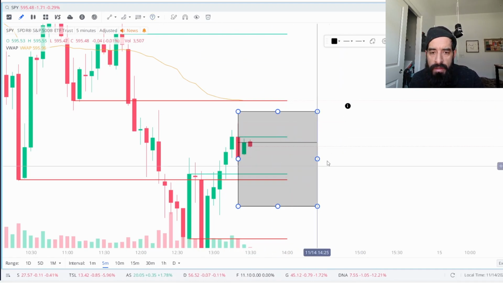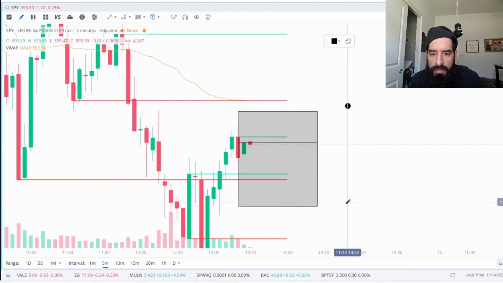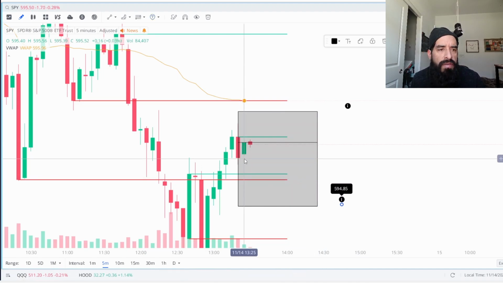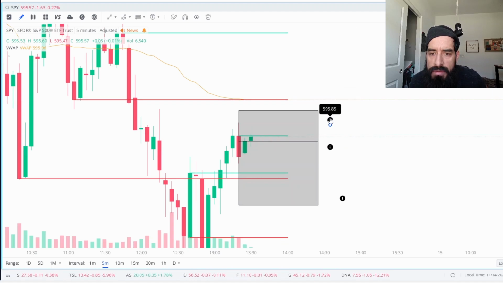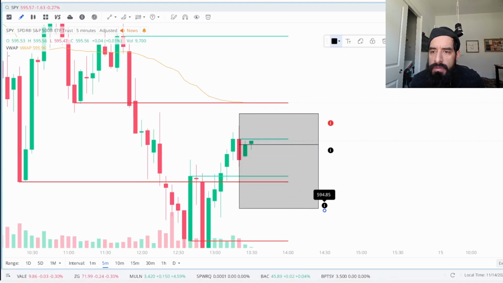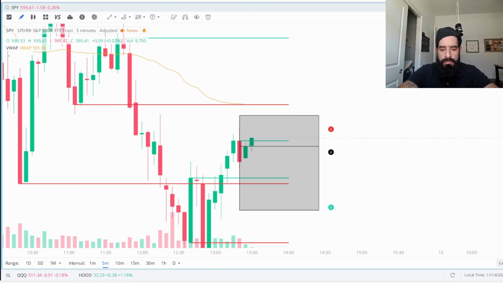Control V. 595.94.85, and then 595.52. So we'll put you there. We'll grab you, turn you red for stop. Move you, turn you green. 594.5. All right. Come on.